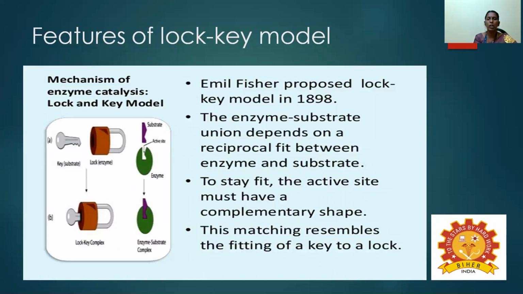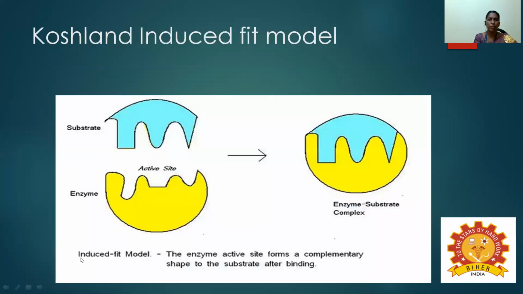Emil Fischer proposed the lock and key model, a reciprocal fit between the enzyme and the substrate. To stay fit, the active site must have a complementary shape. Only then can the substrate penetrate and the reaction proceed. The matching resembles the fitting of a key to a lock. Therefore it is called lock and key, and it accelerates the rate of reactions.